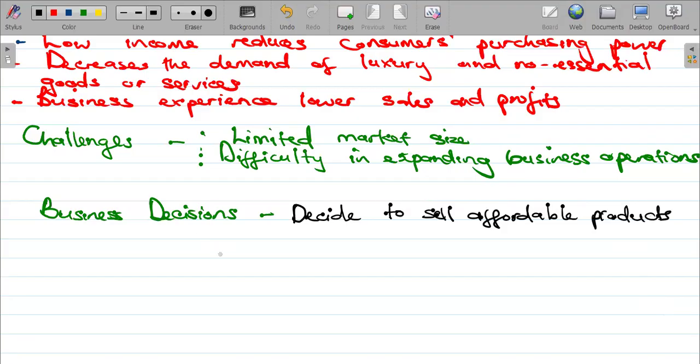The business can also adjust its pricing strategies, whereby it can lower prices of the product to increase its market share.